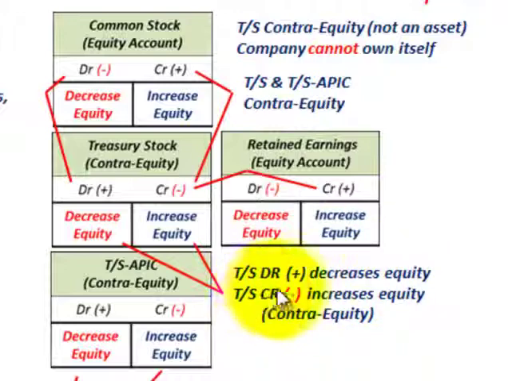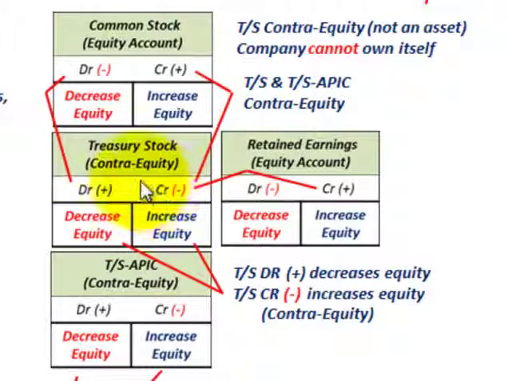Treasury stock, a credit, minus, increases your equity, and that's contra equity. The reason we did that again is because the company can't own itself, so they set this up. Your treasury stock, which is actually repurchased stock that you had outstanding as common stock, would decrease your equity.